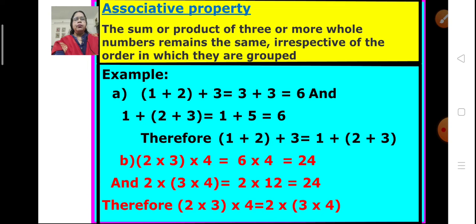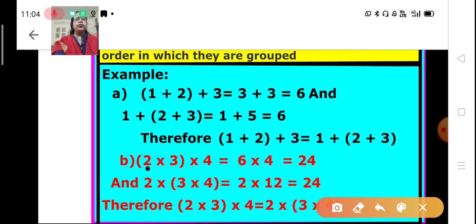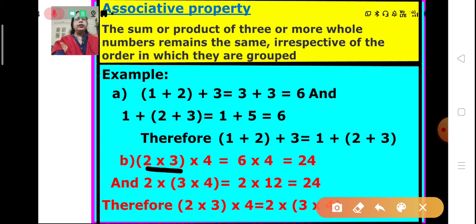Similarly, when we multiply 3 or more numbers, we can also group them in any order. Here we have an example, 2 into 3 into 4. First we group together 2 and 3, so their product will be multiplied with 4. 2 multiplied by 3 is 6, 6 multiplied by 4 becomes 24.